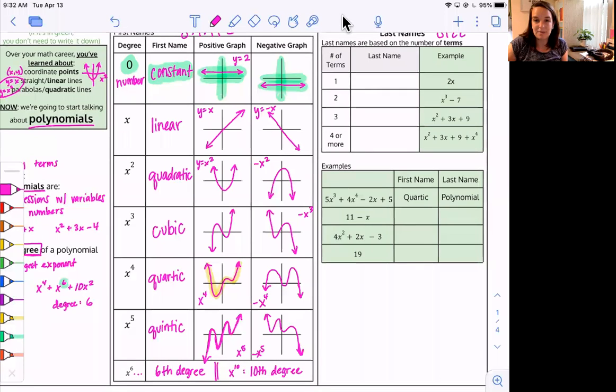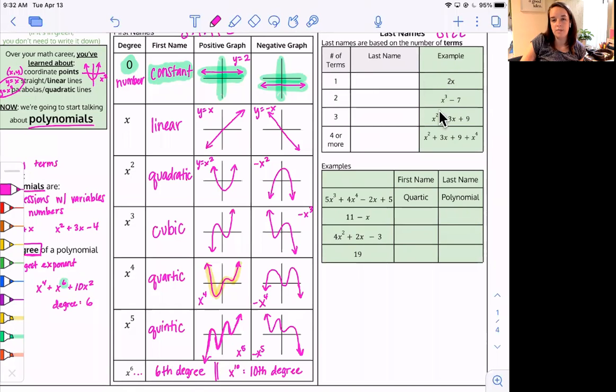Their last names are based on how many terms they have. What I mean by terms is how many things are being added and subtracted together, right? So for example, on this first one, 2x, there's just one term.